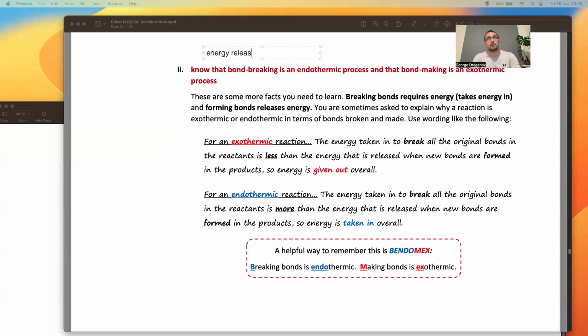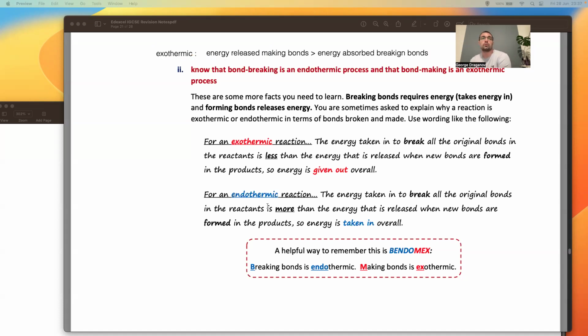Energy released making bonds is greater than energy absorbed breaking bonds. That is essentially the 2-mark high-level definition of an exothermic reaction. And that's what it says here.